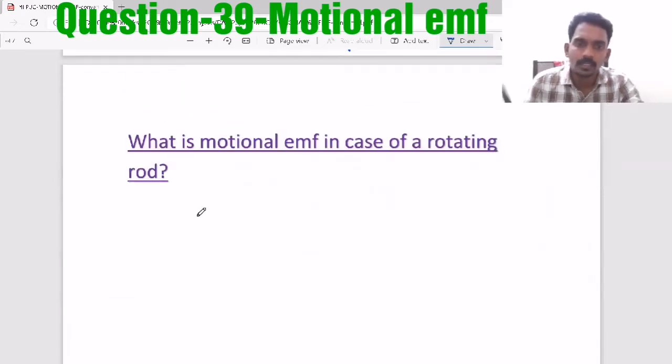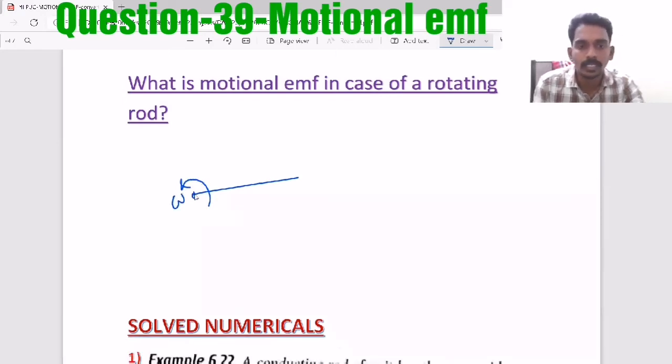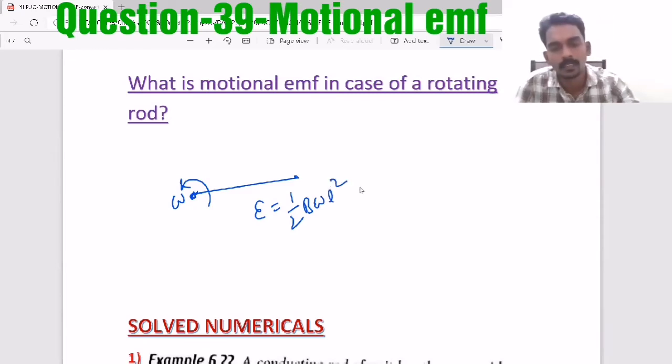Sometimes they'll also ask a question based on a rod rotating with an angular velocity omega. Then across its ends, the EMF induced is half B omega L square.